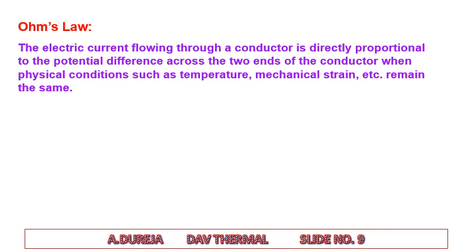According to the law, the current flowing through a conductor is directly proportional to the potential difference across its ends, provided the temperature and other physical conditions remain unchanged.